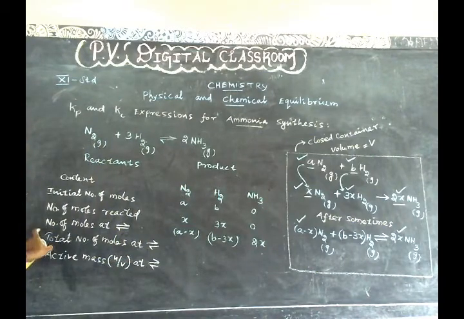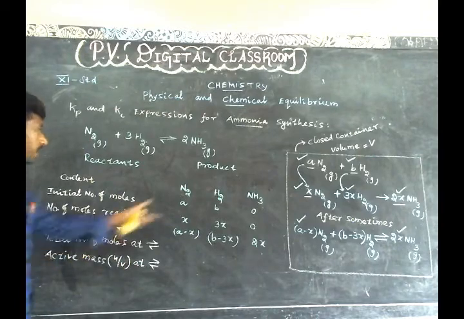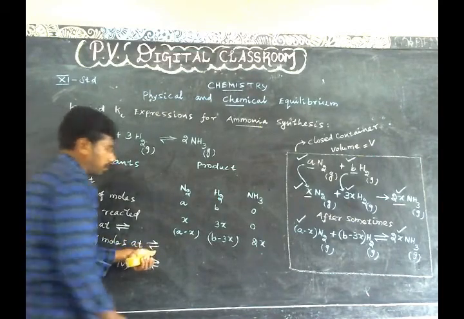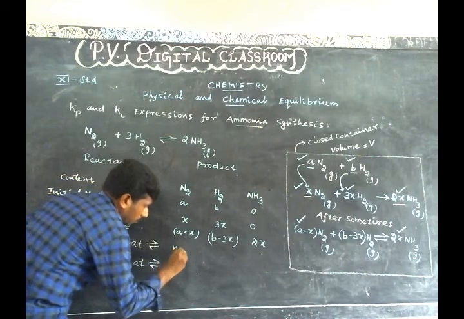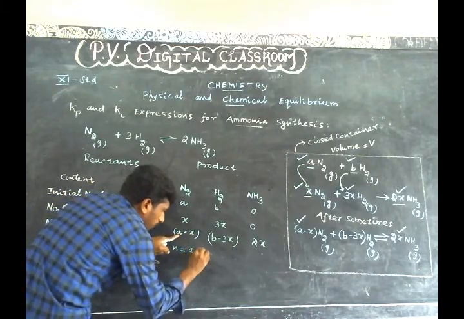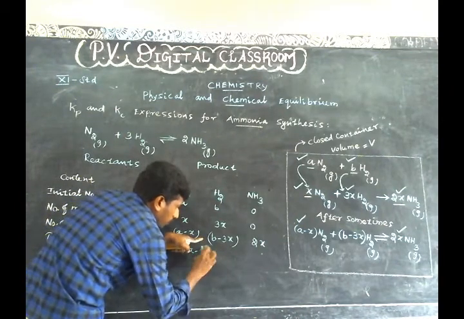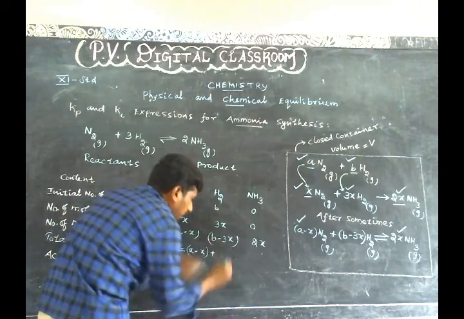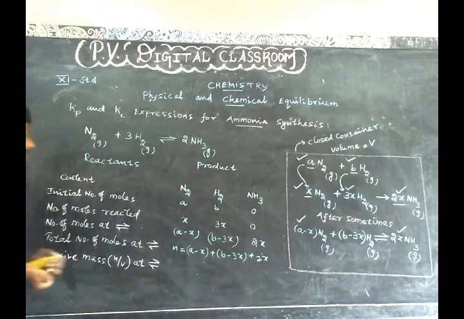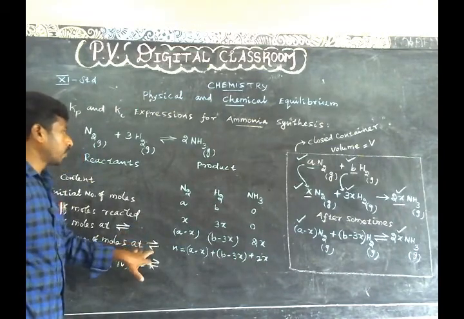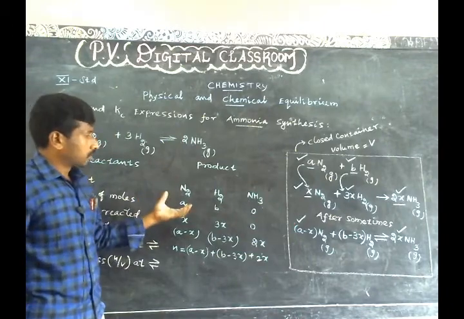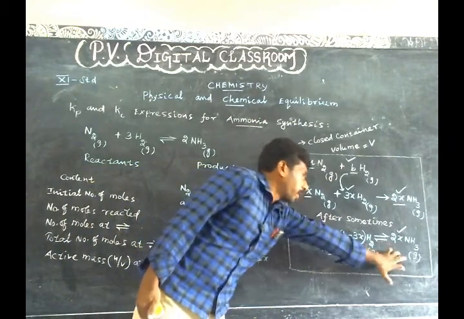Next, the total number of moles of various substances present in the given reaction at equilibrium, which is equal to N, is equal to A minus x plus B minus 3x plus 2x, since at equilibrium the reaction container contains both reactant and product molecules.